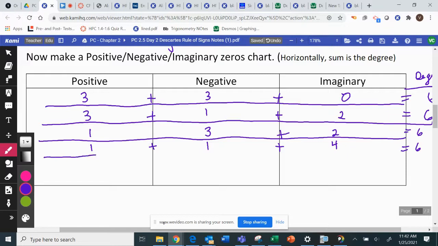What's another scenario that we could possibly have? Or did we find them all? Dylan, do you know another one? Because you said no, I didn't find them all. 2, 2, and 2.